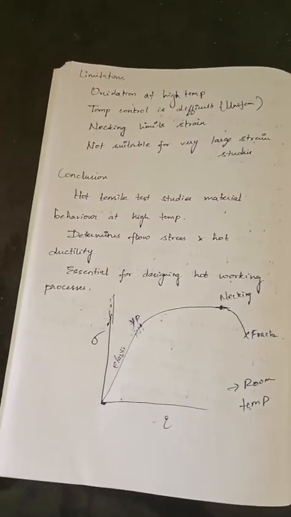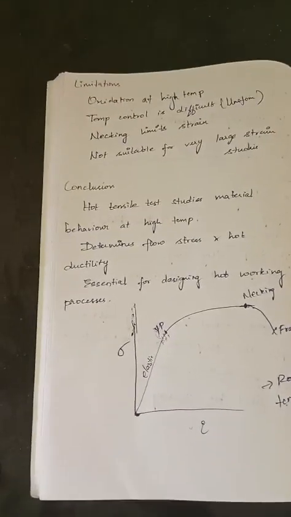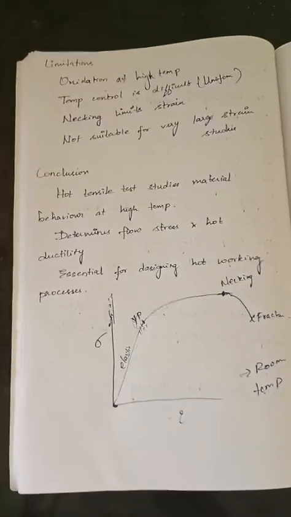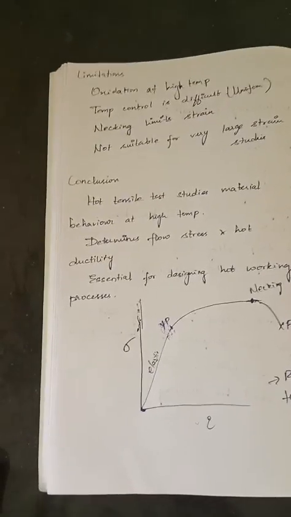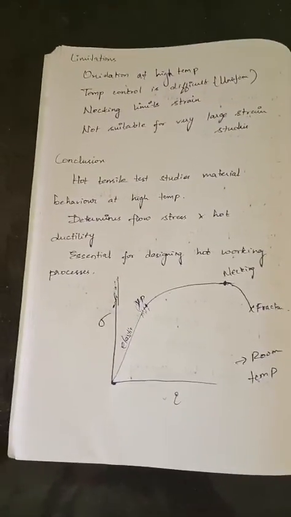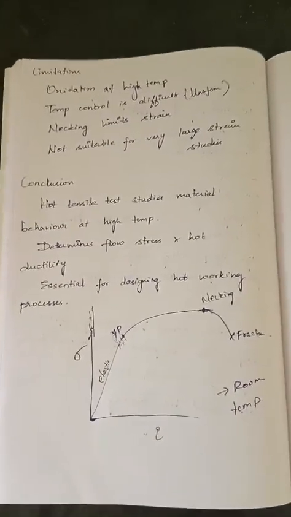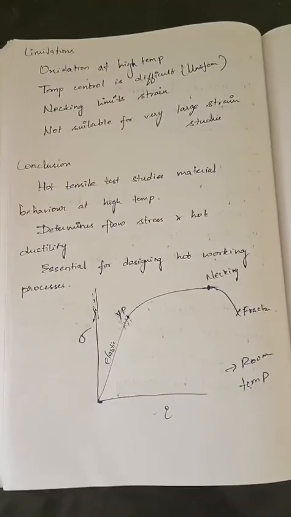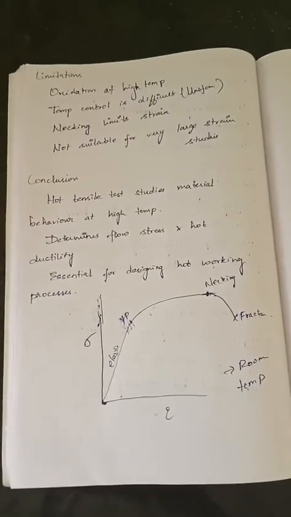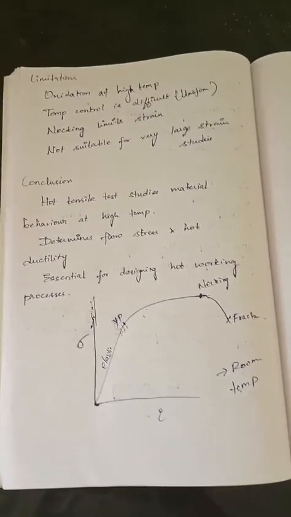Compared to a normal tensile test, the elongation in the hot tensile test will be much higher. That means the ductility in the normal tensile test is lower than in the hot tensile test. Okay. It is essential for designing hot working processes, determining flow stress and hot ductility, and so on.